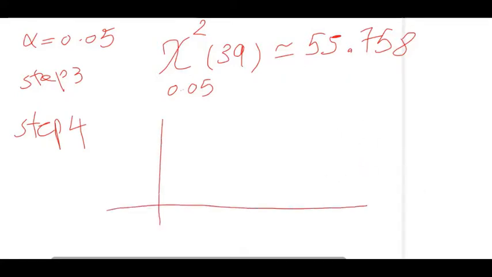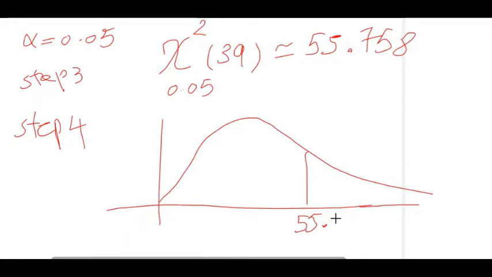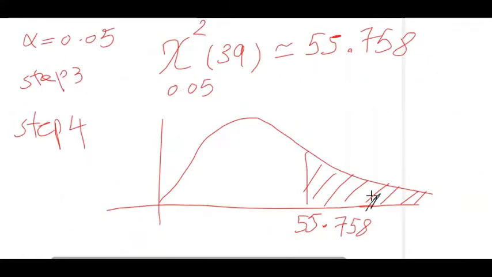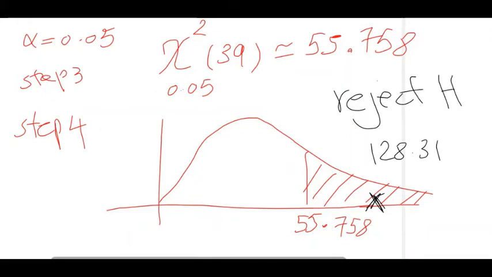So for the right tail test, it means 55.758 and the right tail is here, and the test statistic is 128.31. 128.31 is here, so the result is rejecting H0. Okay, thank you so much.